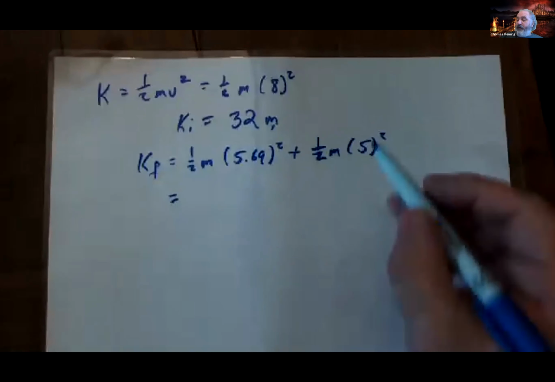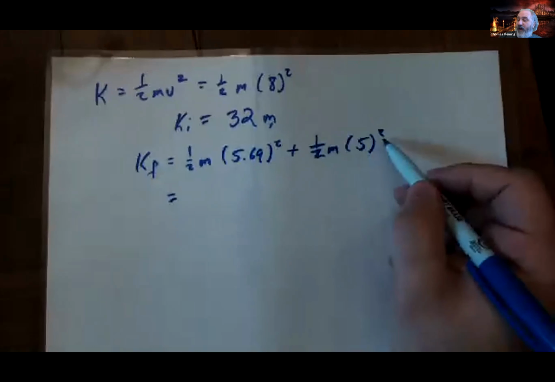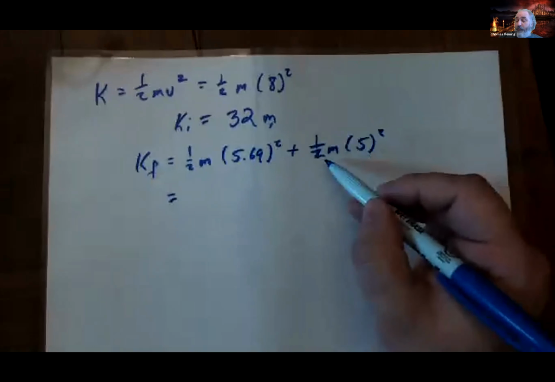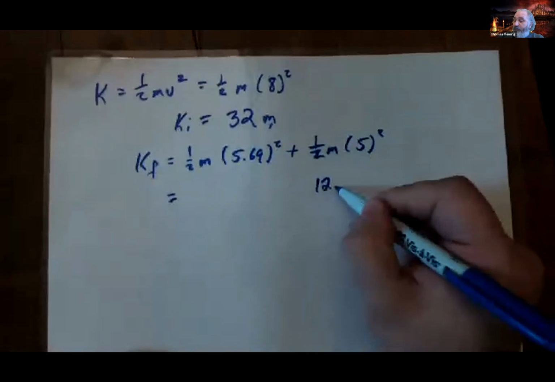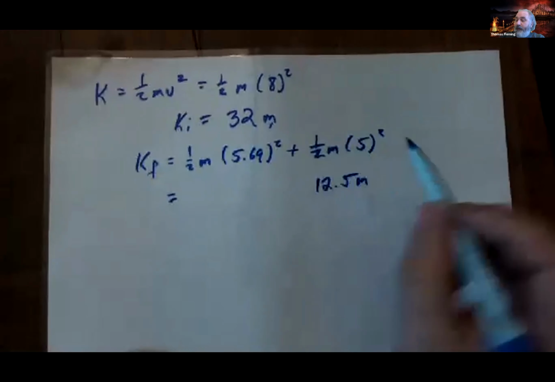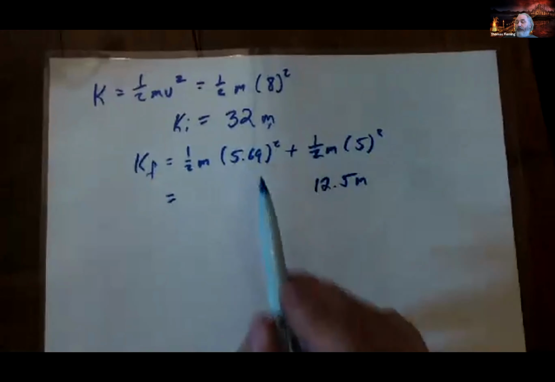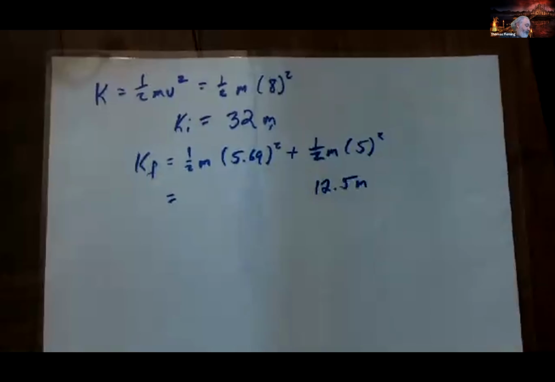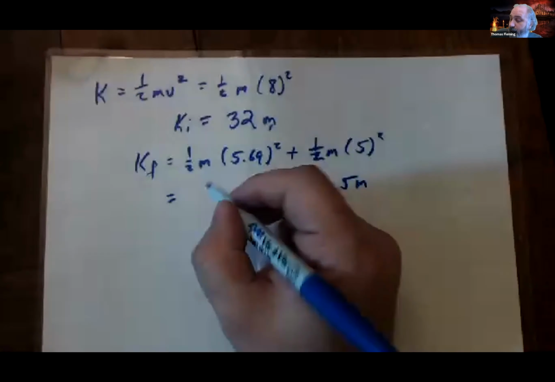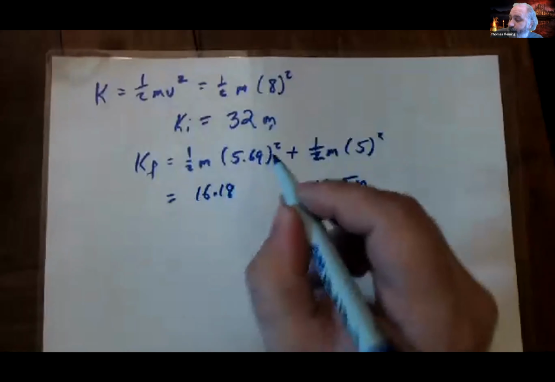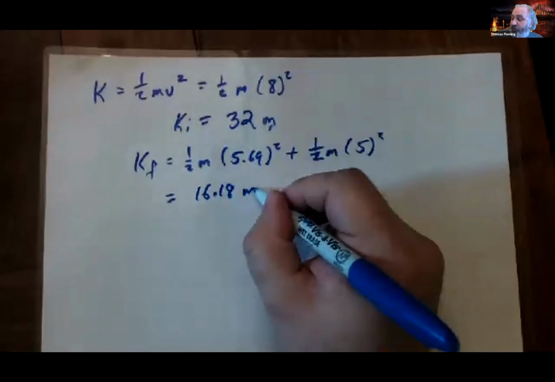So this one over here is easy. 5 squared is 25 times 1/2 is 12.5. So that's 12.5 m. This over here is going to be pretty doggone close. So if I take 5.69 and I square that, that's 32.3 times 1/2 is 16.18 times whatever the mass is.